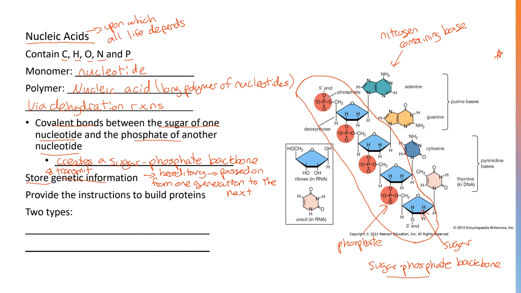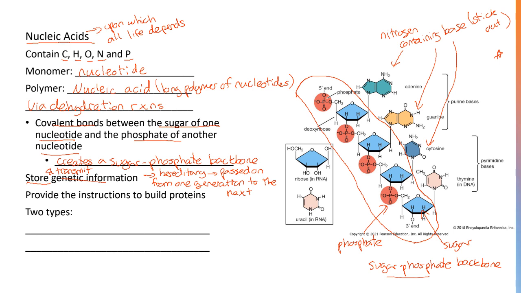And they're going to be kind of sticking out. Eventually they will do hydrogen bonds to find and bond to their complementary base. But we'll see that in a second.